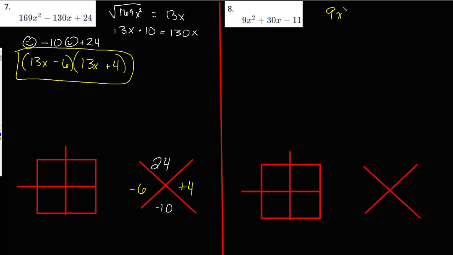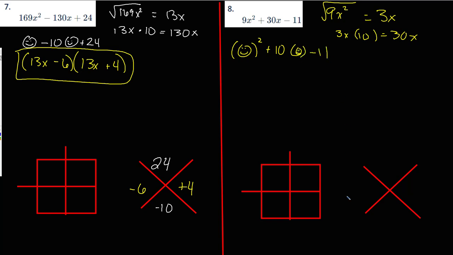So the square root of 9x squared is 3x. 3x times something is going to give me 30x, and that would be a 10. So smiley face squared plus 10 smiley faces minus 11.